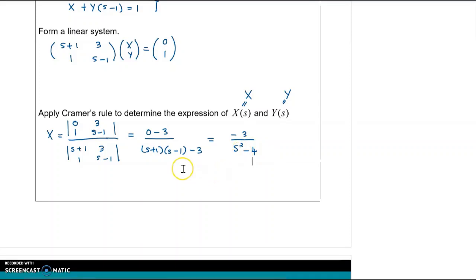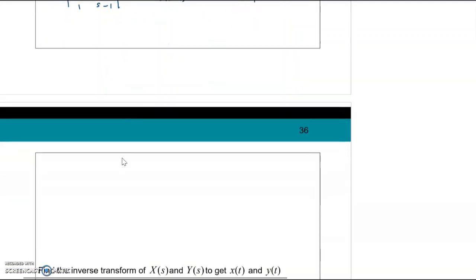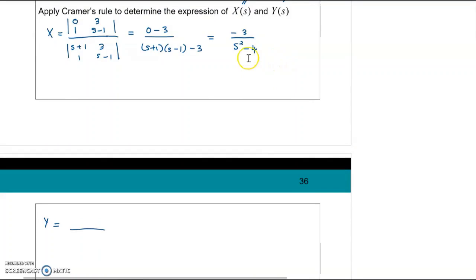Similarly, for Y(s) by Cramer's rule, the denominator should be the same, s squared minus 4.